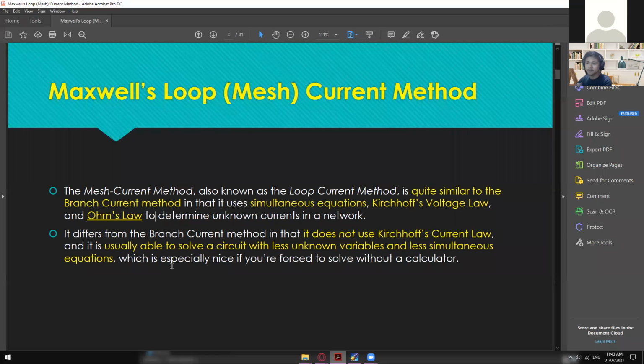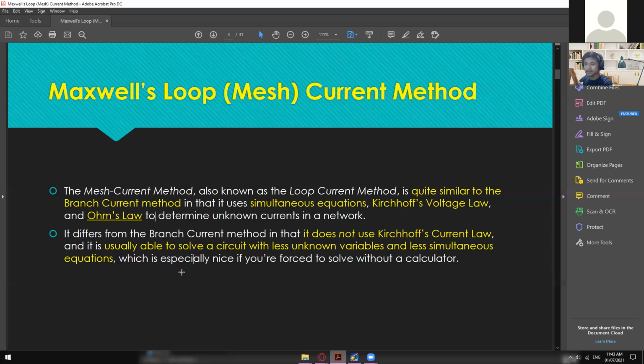Of course, solving three unknowns is better than solving five unknowns, which is especially nice if you're forced to solve without a calculator. This is also advantageous if you're not going to use your calculator, because if you have five unknowns, you cannot solve that right away. But having three unknowns, it's super possible to solve that also without a calculator.